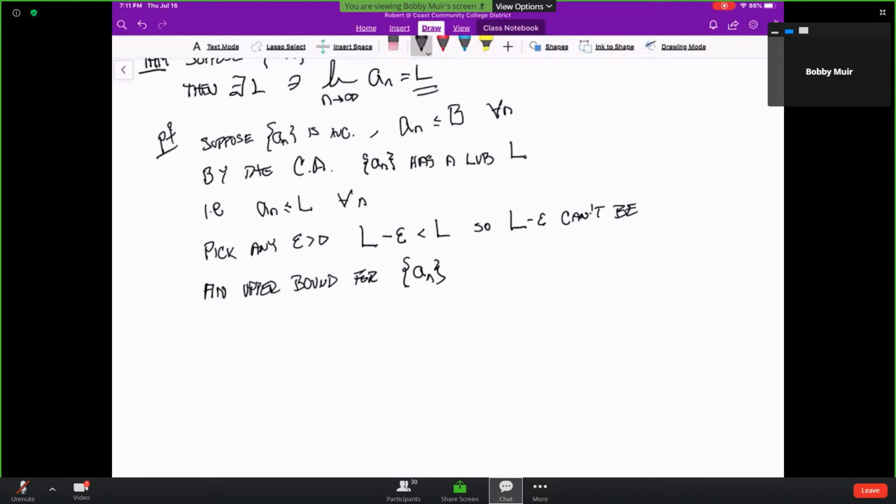As the sequence is moving along, it'll never exceed the number L, but at some point in time the numbers have to exceed L minus epsilon. So there must exist some N, which is a counting number, such that if n is bigger than this N, then A sub n will be bigger than L minus epsilon.